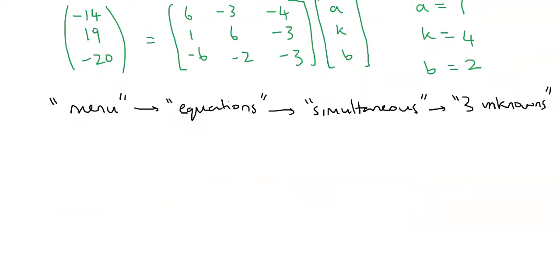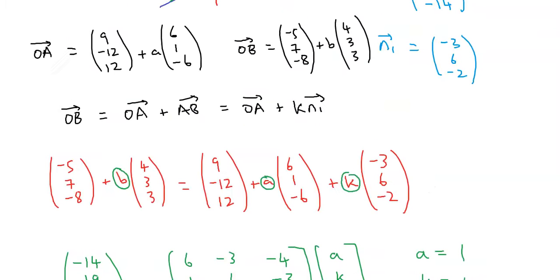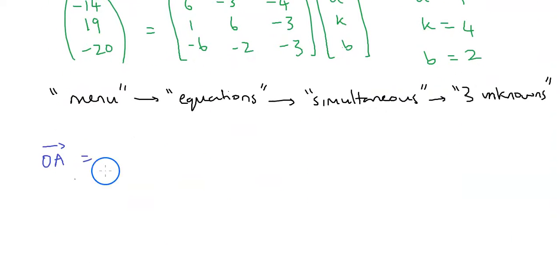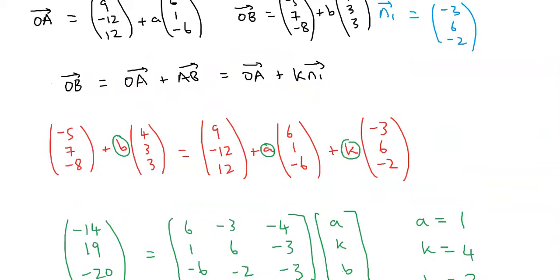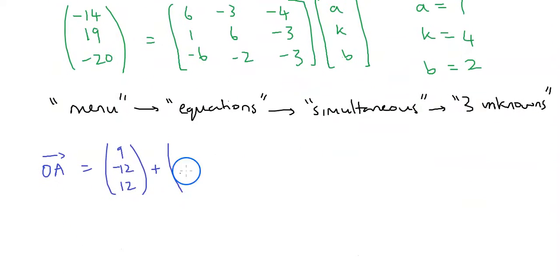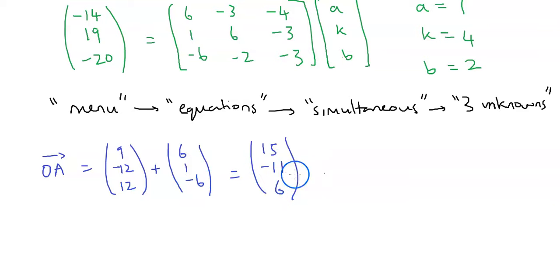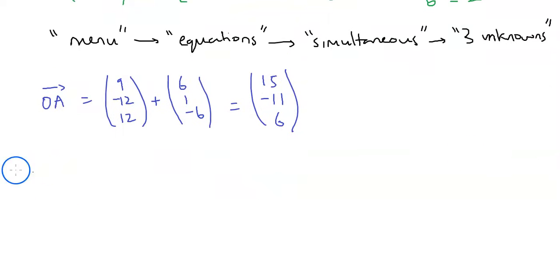So OA is equal to 9, negative 12, 12 plus little a, which is 1, times the vector 6, 1, negative 6. So 9 and 6 makes 15, negative 12 plus 1 makes negative 11, and 12 plus negative 6 makes 6. So that's our vector OA.